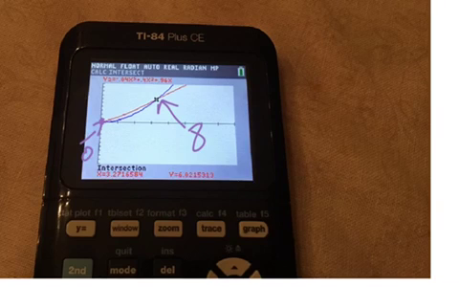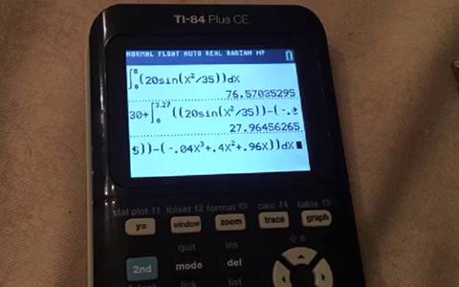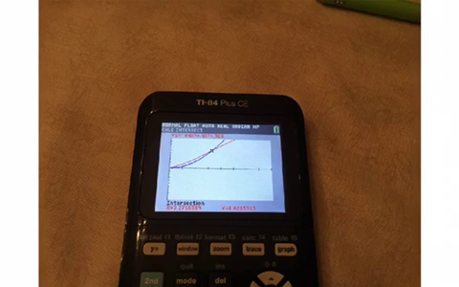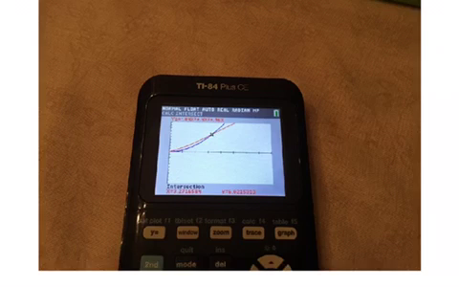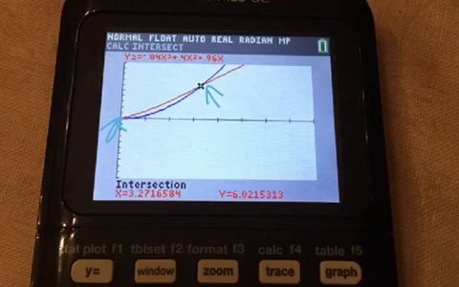I'm sorry, not at 8. This graph is a graph from 0 to 8, but what I meant to say, sorry, let's zoom in. Okay, so it occurs at this value and at 0, 0.